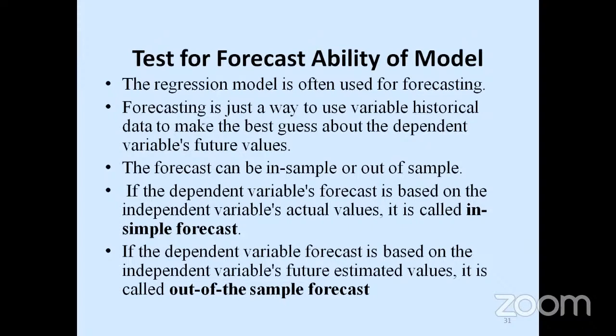The forecast can be in sample or out of sample. If the dependent variable's forecast is based on the independent variables, it is called an in-sample forecast, and if it is outside that, an out-of-sample forecast.